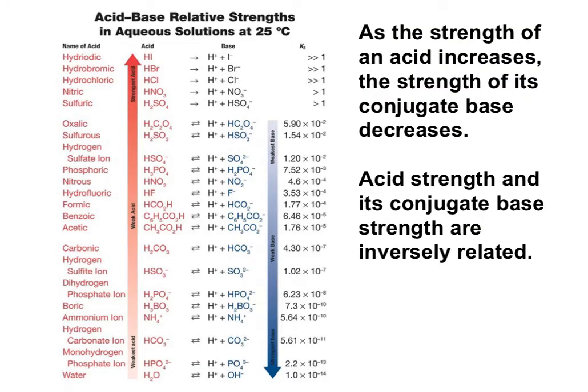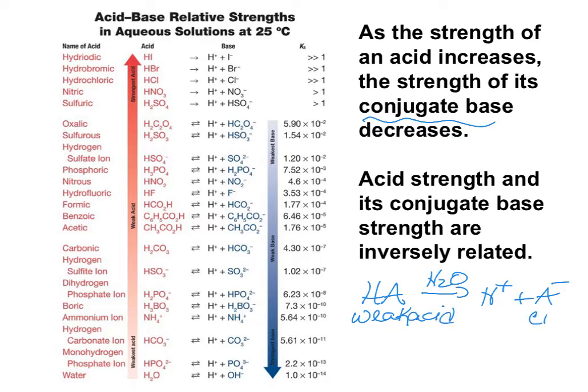There is a relationship between the strength of a weak acid and the strength of the conjugate base it forms when it dissociates. Let me write a generic expression for you. Here's the original weak acid, and here's its conjugate base.